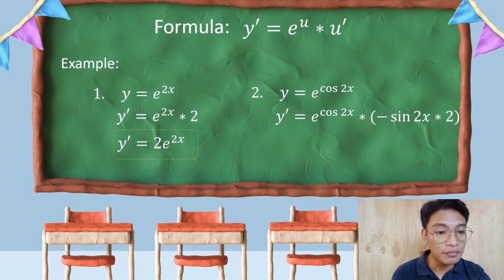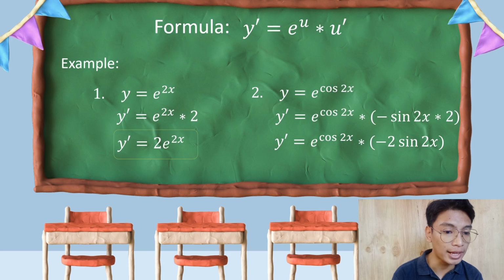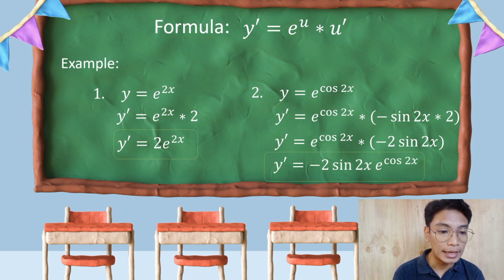To simplify it, we simplify the part in parentheses, which is negative sine 2x multiplied by 2. So it will be negative 2 sine 2x, and we have the answer y prime equals negative 2 sine 2x e raised to cosine 2x.